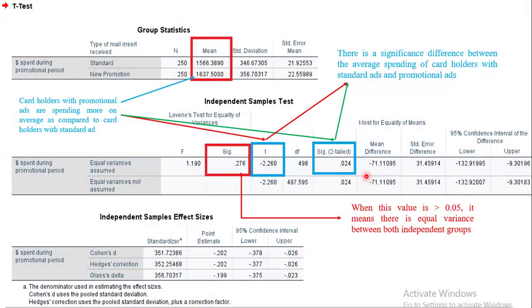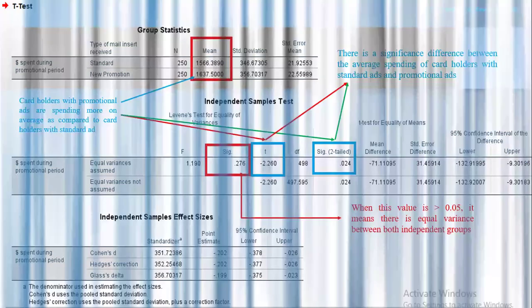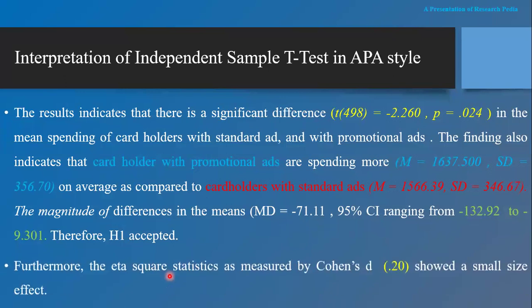How I concluded it, if you see here, this is the mean difference. This is the magnitude of mean difference with this confidence interval. So you need to interpret it like this. So this is the interpretation. I hope you have understood. The second thing is eta square statistic measured by Cohen's d showed a small size effect.